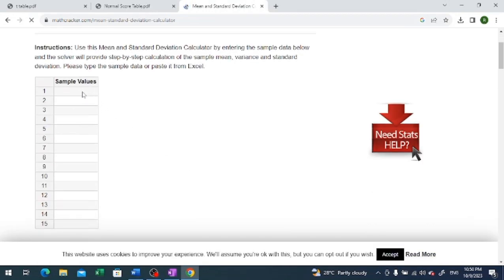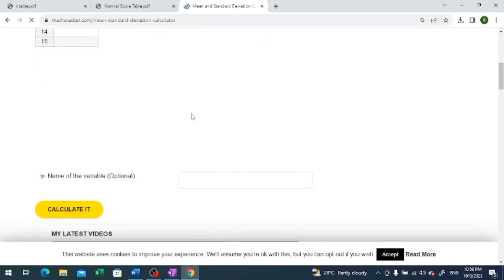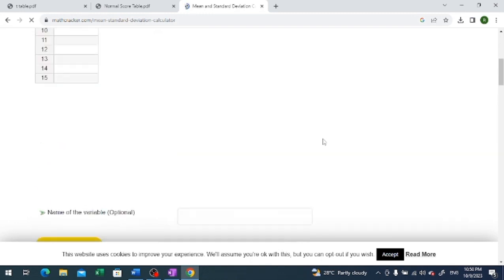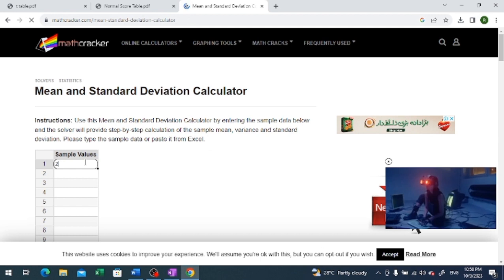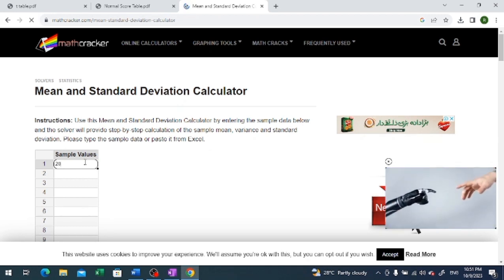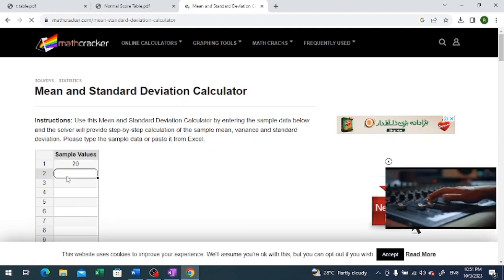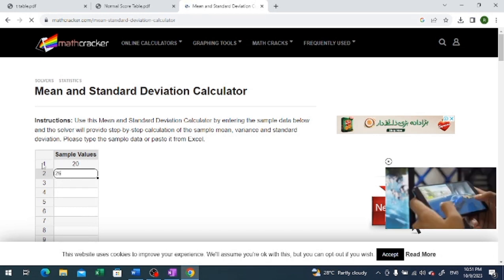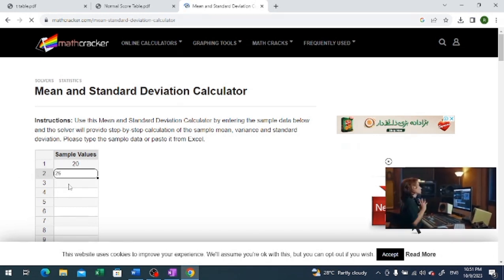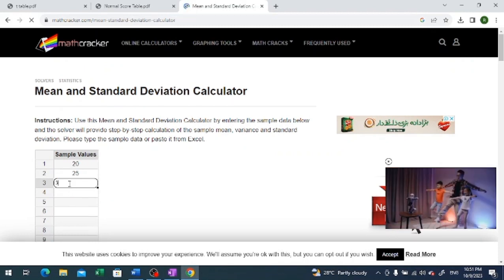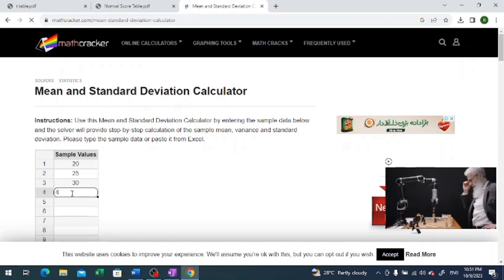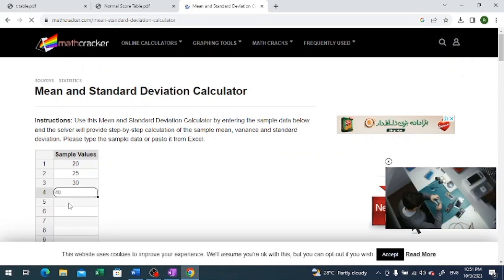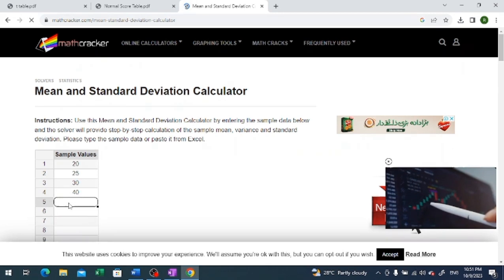So what I would do, we have 10 values, 20, 25, then we have 30, 40, 42.